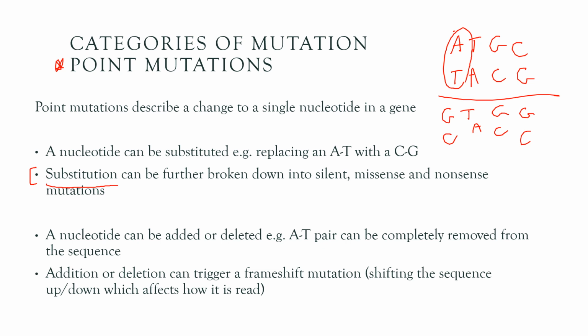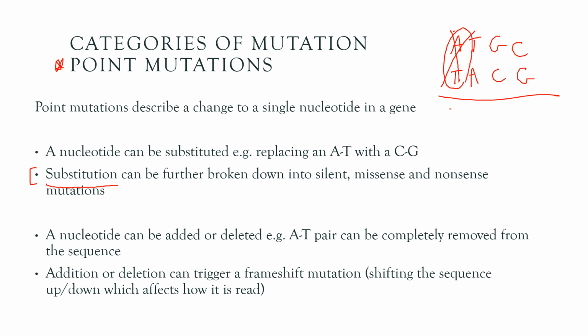We can also have additions or deletions. So this is when, for instance, we've got this same DNA structure here, but instead of replacing this with something else, it's completely deleted or removed.